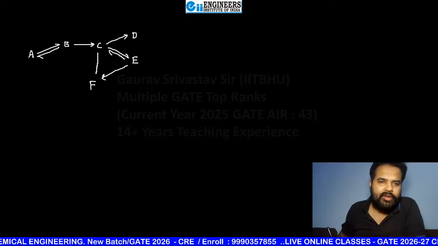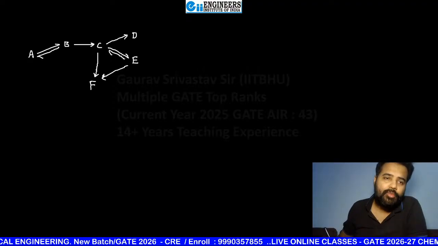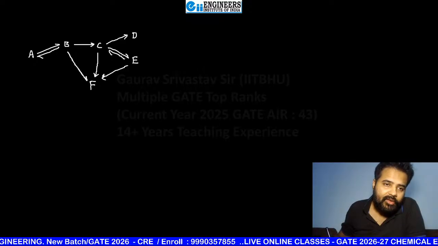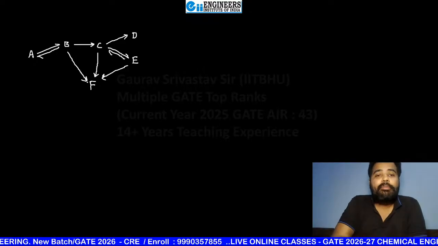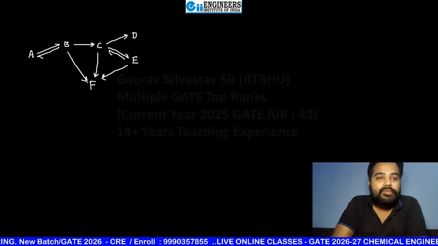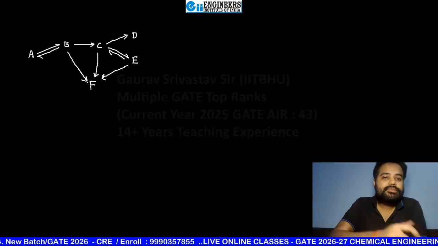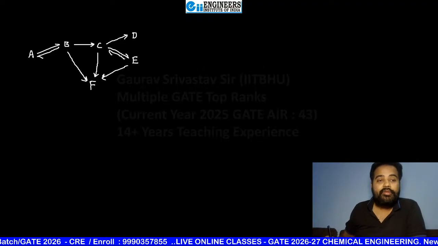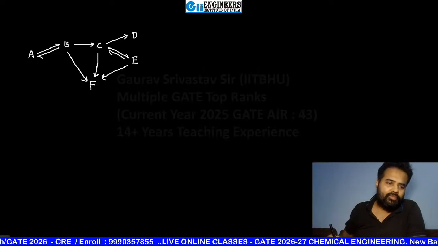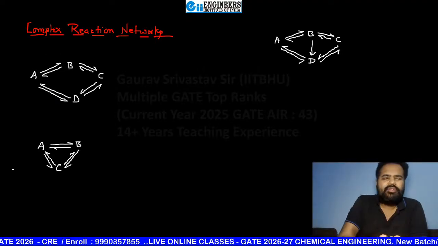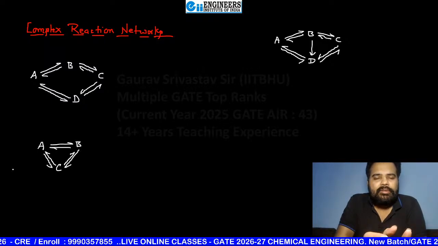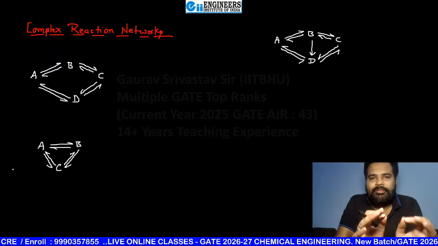And again, you can write here that F is also formed by this C. Again, you can write like this. Then this F is also formed by this B. Further, you can also combine this A with F. Okay. So for any type of such reaction networks, beta, the dealing is very easy.